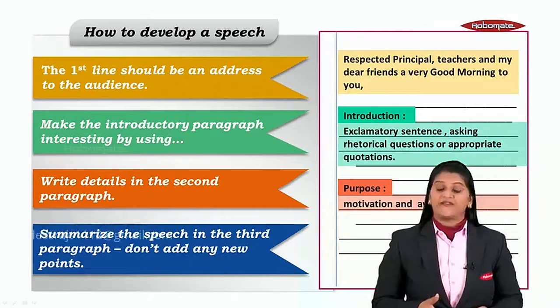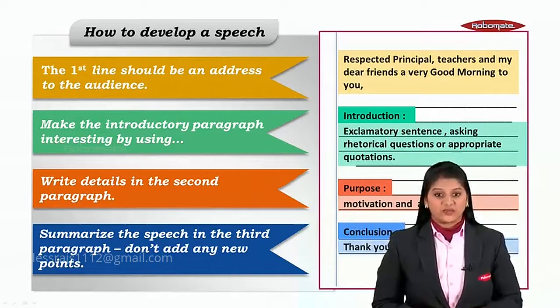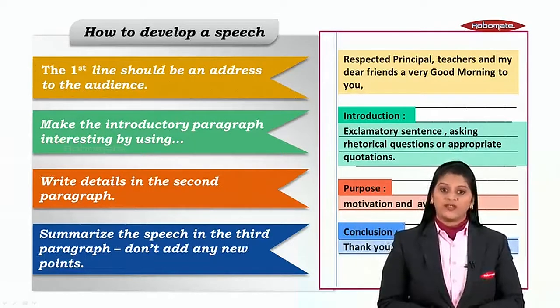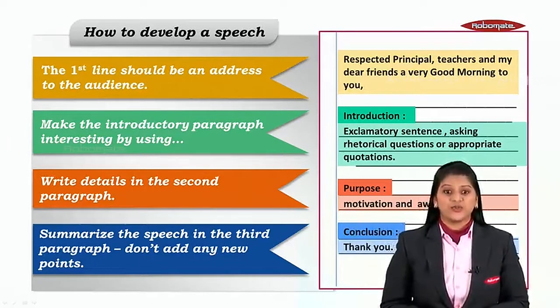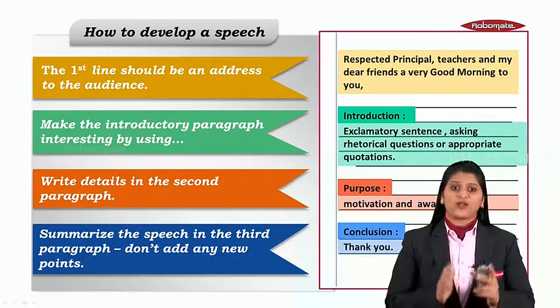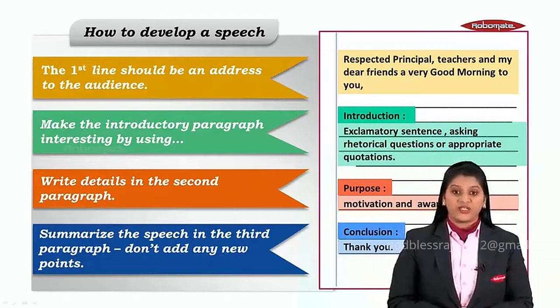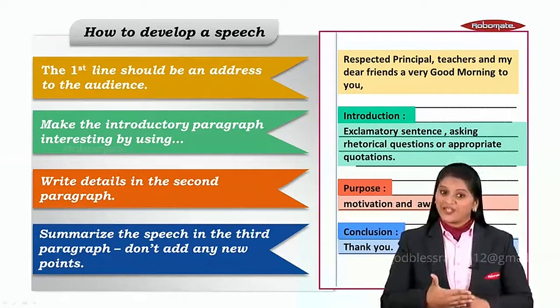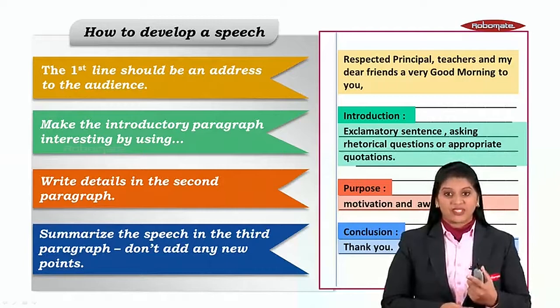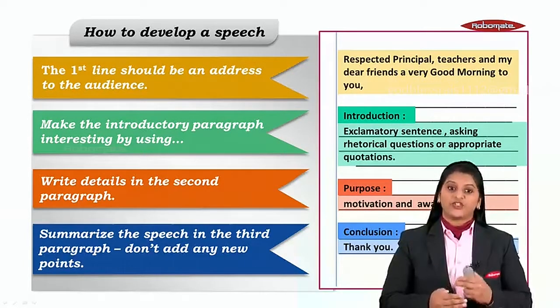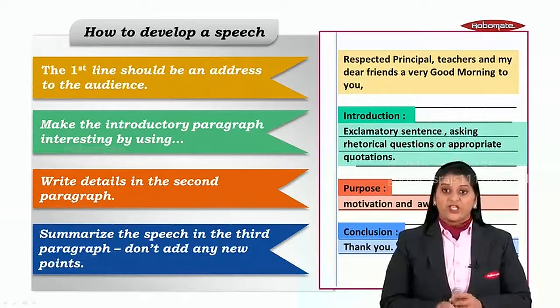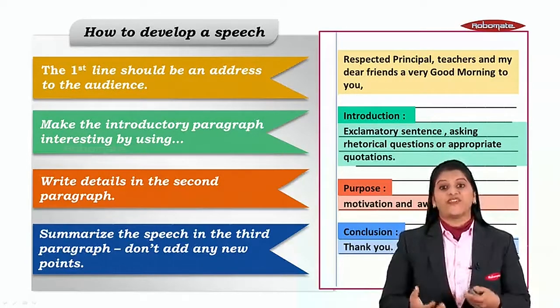Okay, and if nothing else, you can end your speech or conclude it with a thank you. Okay, so that is what you just need to do. Put a thank you at the end if you can't think of a very great conclusion, but formally end your speech. Do you remember that was part of the first few tips that I gave you, that your speech should end formally? Okay, so this was all about how to develop a speech.